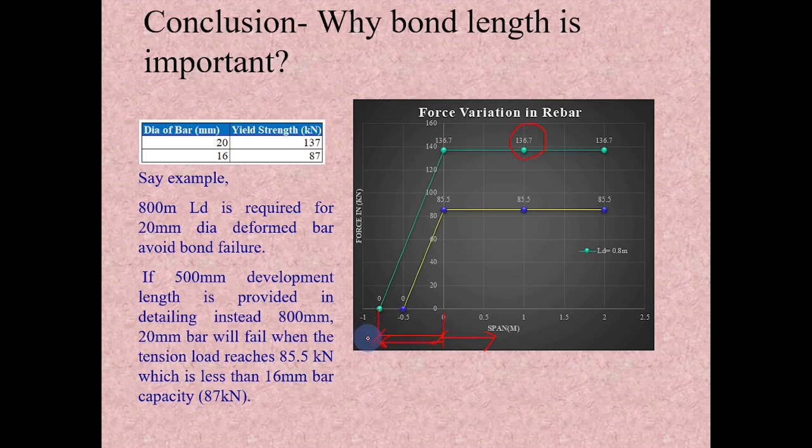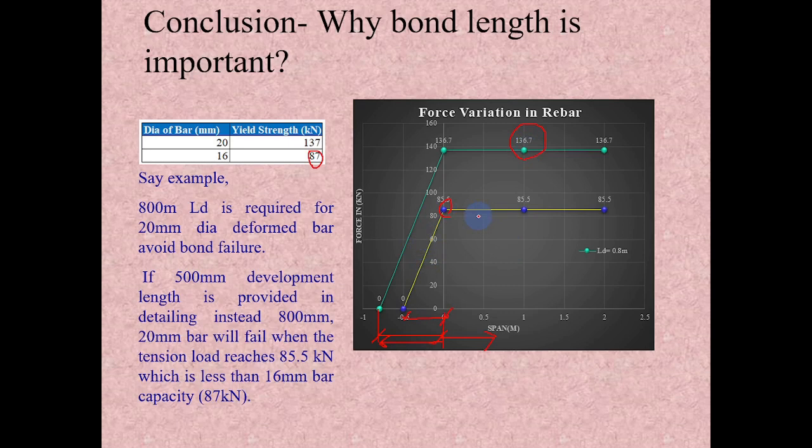So by mistake, if I provide only 500 development length, then this 500 development length can create a bond strength of 85.5 kilonewton, which is even less than the 20 diameter bar's yield capacity. So even though we have done a very accurate design, if you make a small error in detailing, it leads to early failure.